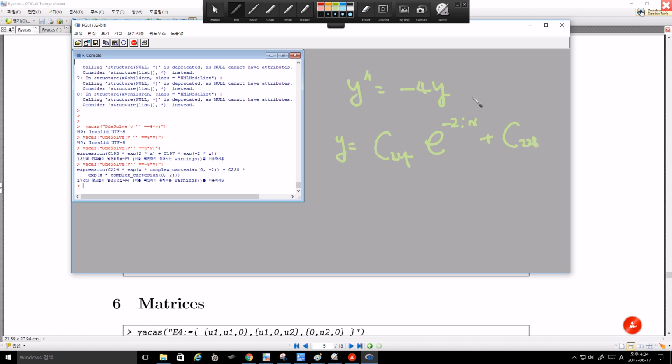Actually, x is before, but it doesn't matter. And then of course you can express this in sine. In the previous case, we solved this one as a sine 2x plus b cosine 2x, and they are the same, but Ryacas generates this first part.